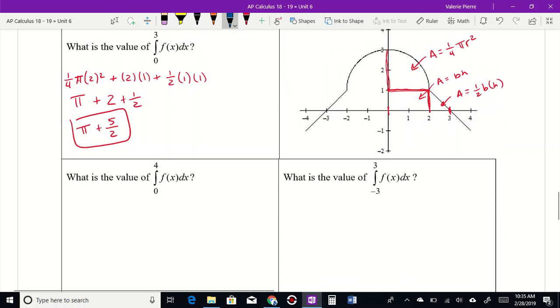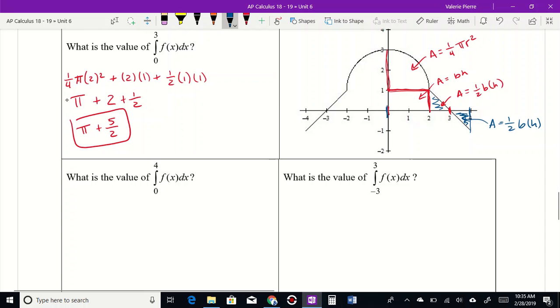Now the next piece is the value from 0 to 4. So from 0 to 4, now we're adding this triangle. And if you look closely, these two triangles are the same size. So they'll actually negate each other.